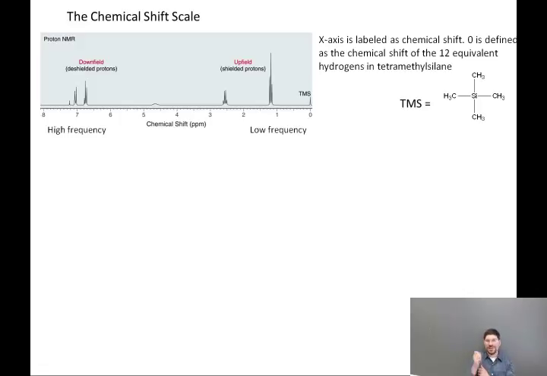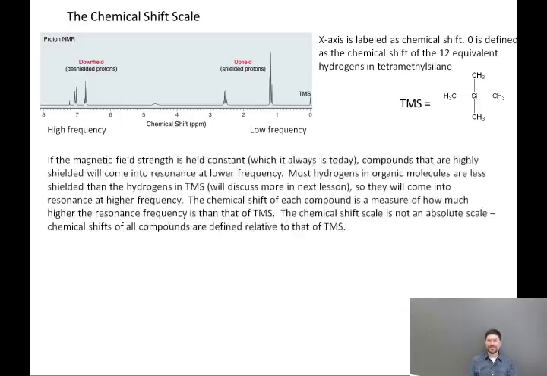The x-axis is labeled chemical shift, and 0 is defined as the chemical shift of the 12 equivalent hydrogens in the molecule tetramethylsilane, a silicon with 4 methyl groups on it, which is sometimes abbreviated TMS.